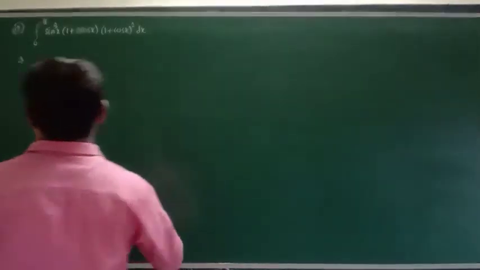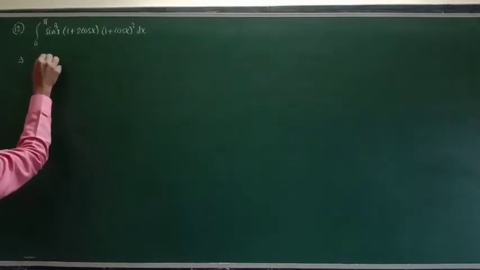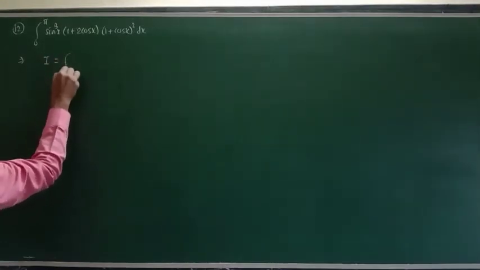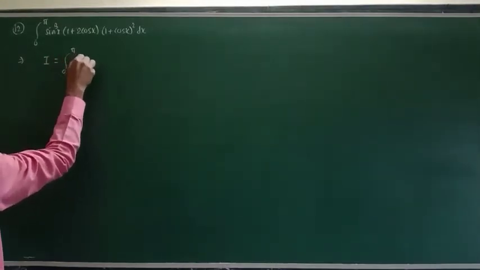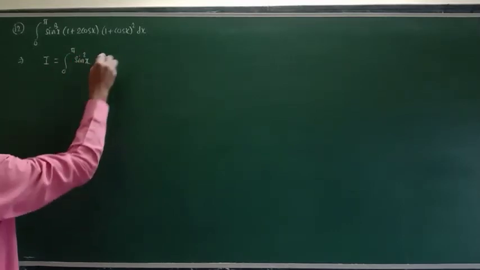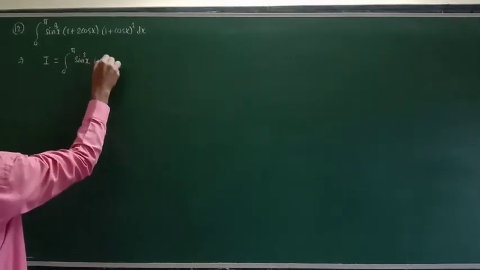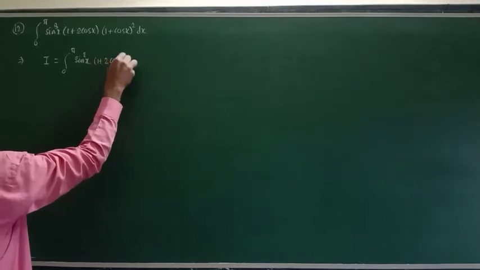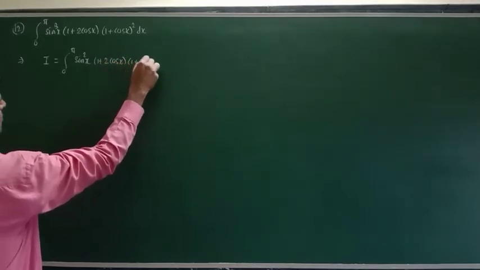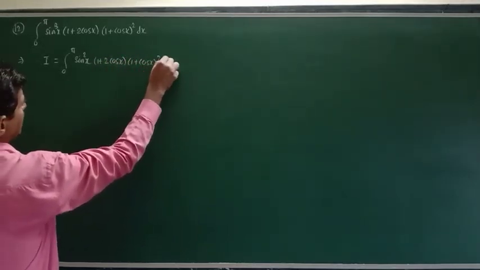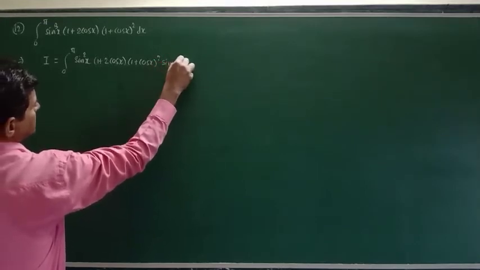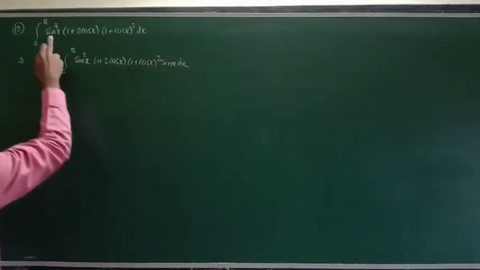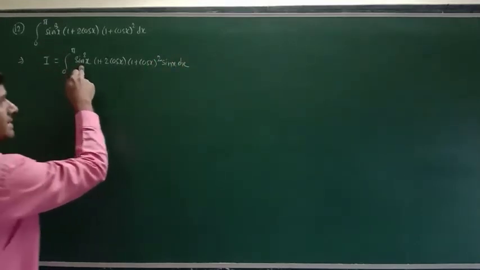Now see, I denote this integral as I is equal to integral 0 to pi sin square x into (1 + 2 cos x) into (1 + cos x) bracket square into sin x dx. Okay, sin cube x I write as sin square x into sin x dx.